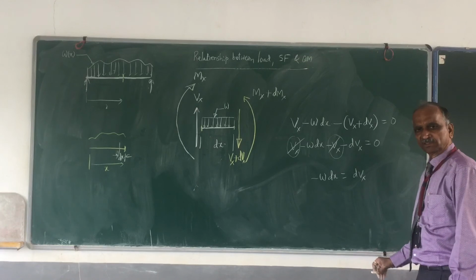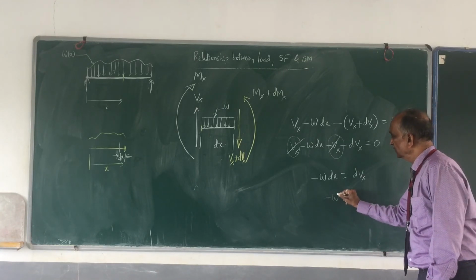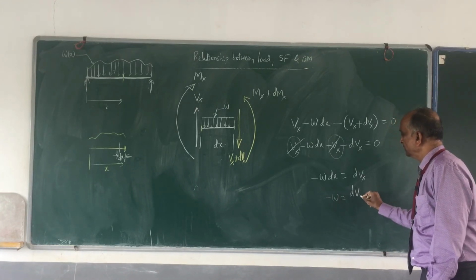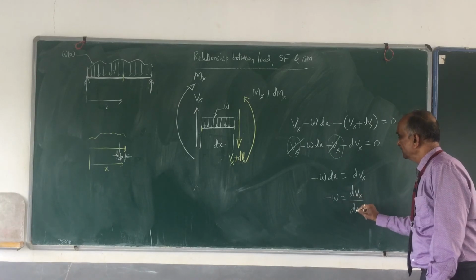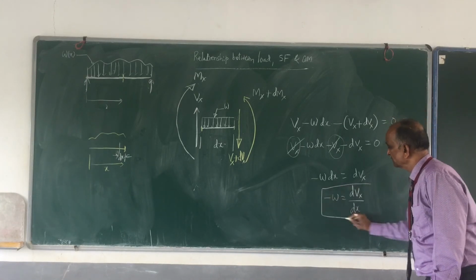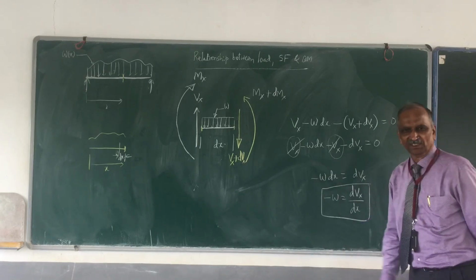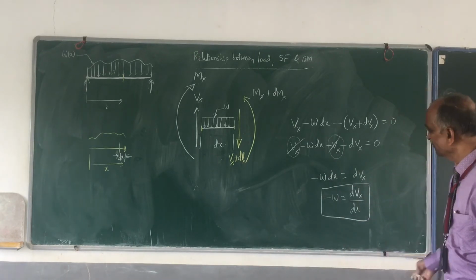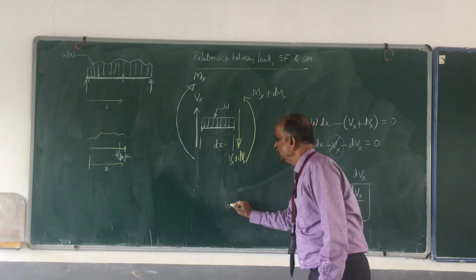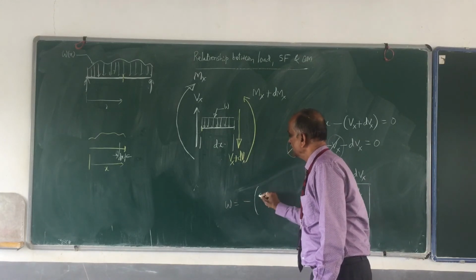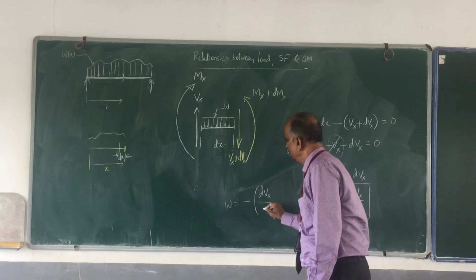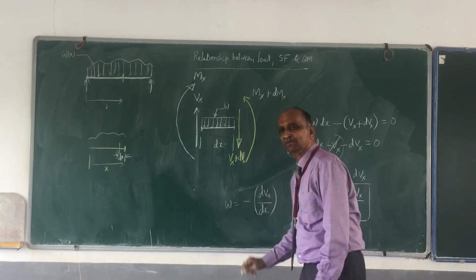Send this dx also to this side. Then minus W is equal to dVx divided by dx. Or you can rewrite it the other way: W is equal to minus dVx divided by dx. This also is okay, both of them.